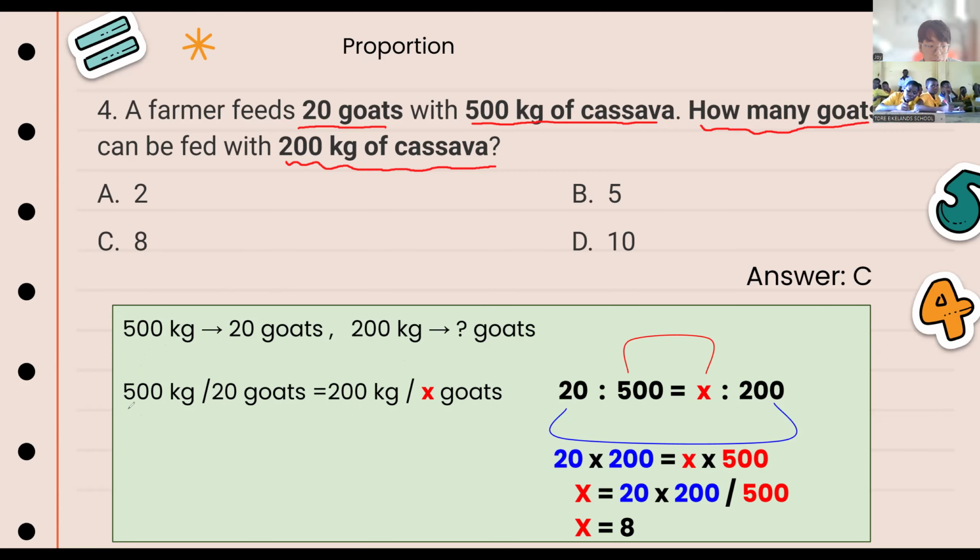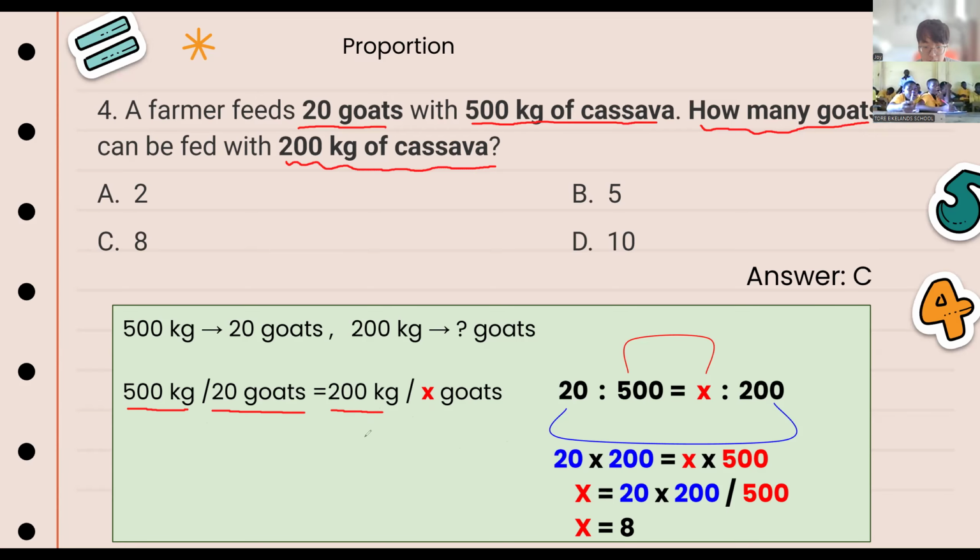So 500 kilograms is needed to feed 20 goats. And the question asks, how many goats can be fed with 200 kilograms? So we can represent this as a proportion.